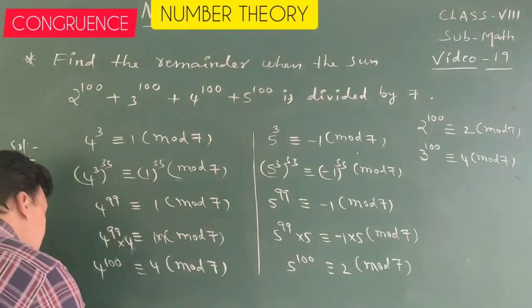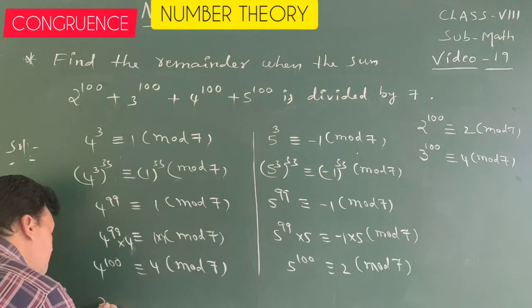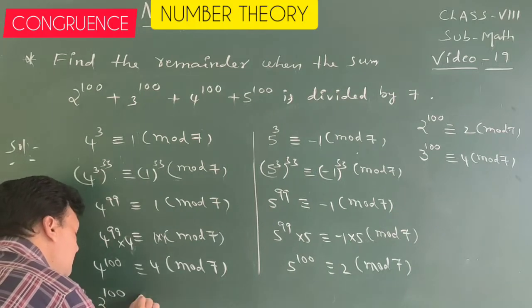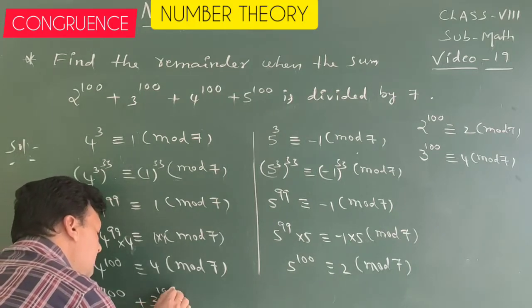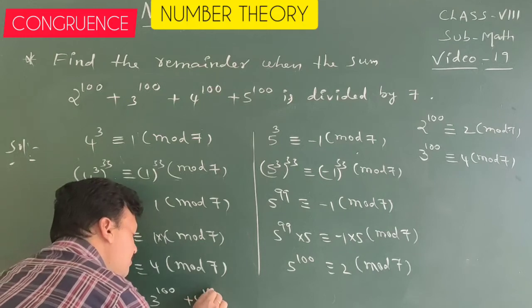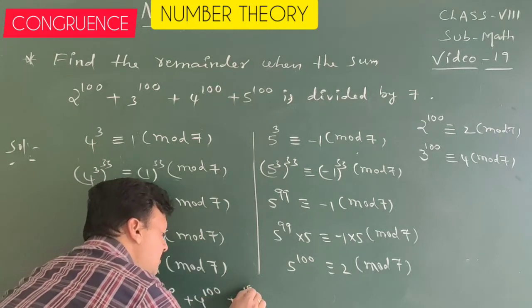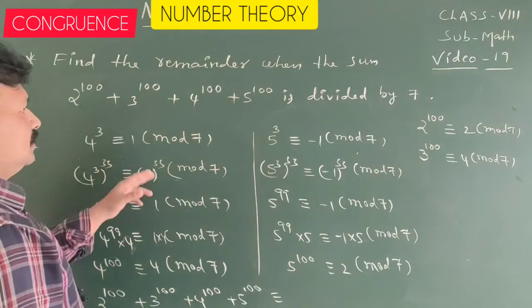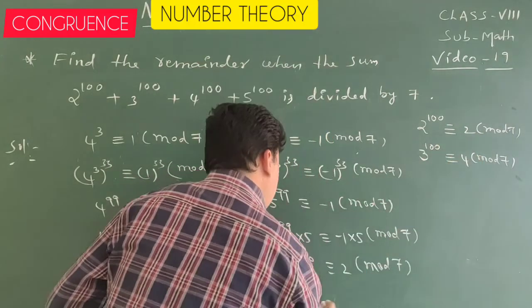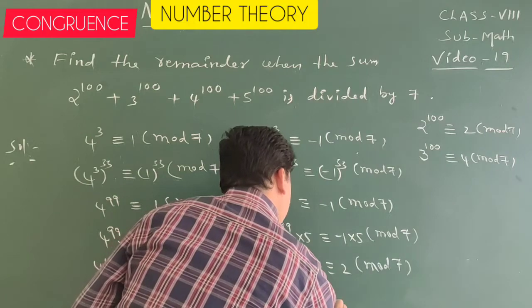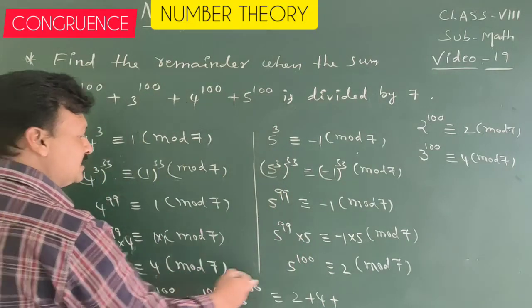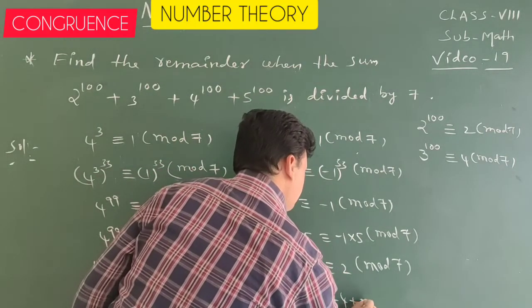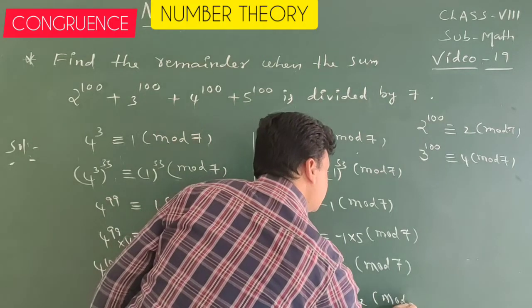So here 2 power 100 plus 3 power 100 plus 4 power 100 plus 5 power 100 is congruent to 2 plus 4 plus 4 plus 2 to the mod 7.